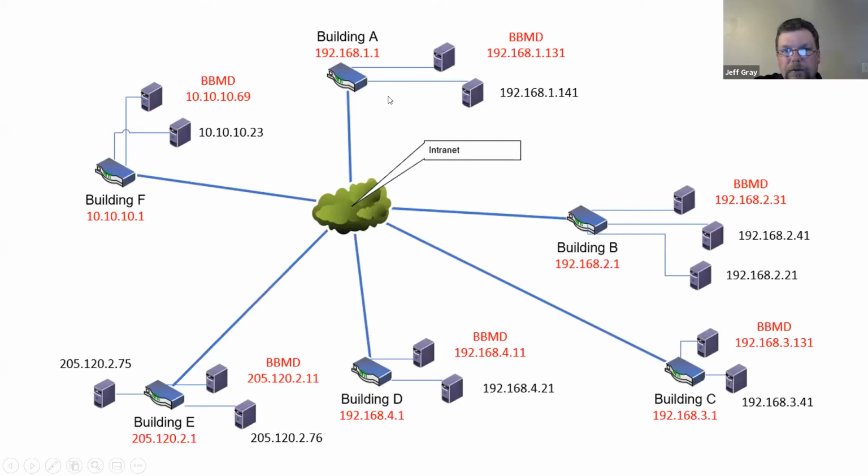As an example, building A through F, all of these devices are on UDP port 47808 as the default UDP port. If I had a computer that was on 10.10.0, a totally different network, I could register as a foreign device to any one of these BBMD IP addresses with a UDP port that is different than the network that I'm trying to get on.